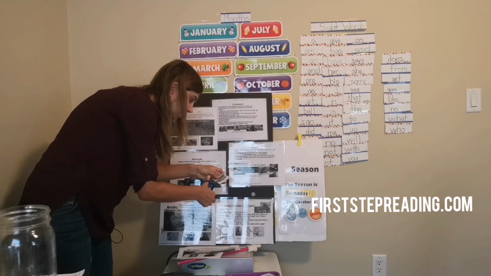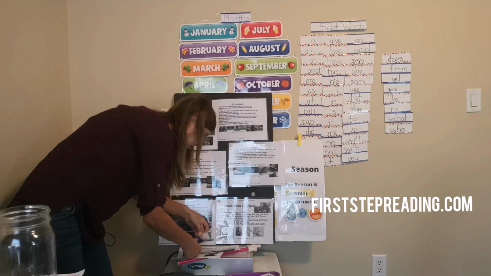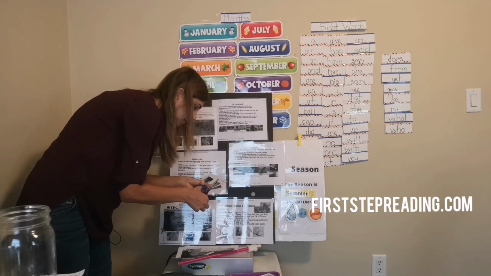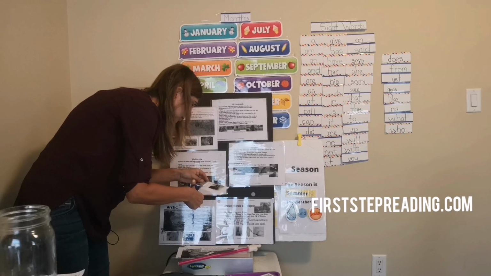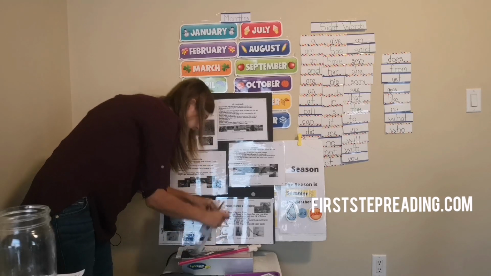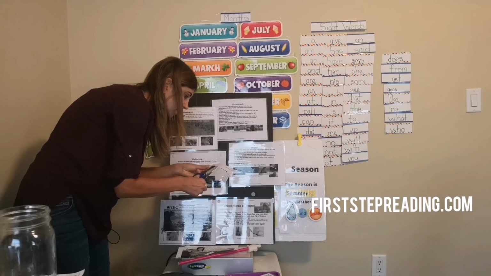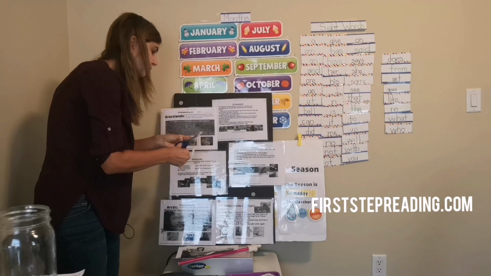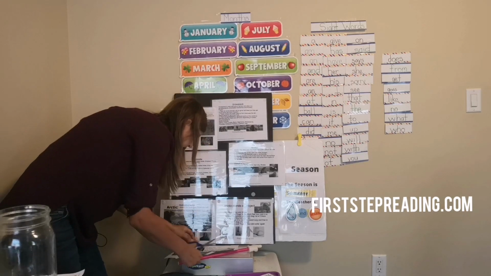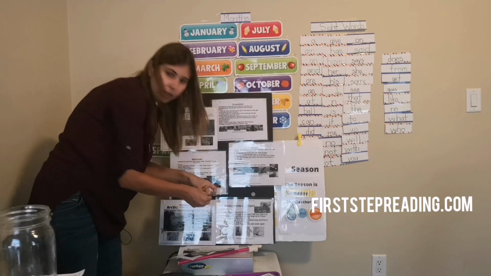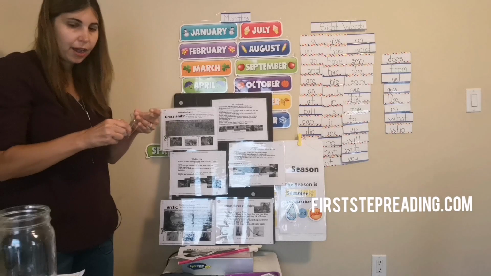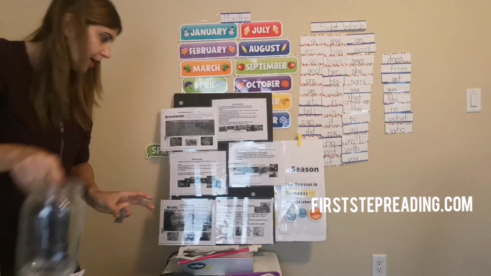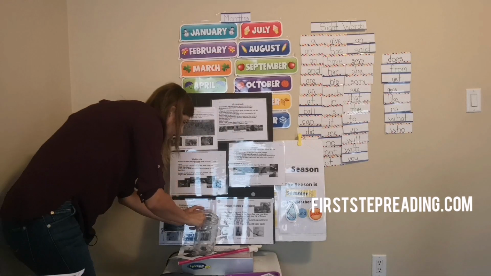So I'm going to cut out my polar bear. I'm going to cut out, this one has a penguin. This one has a walrus. So I cut out my animals. Then I'm going to tape it to the outside of my jar.